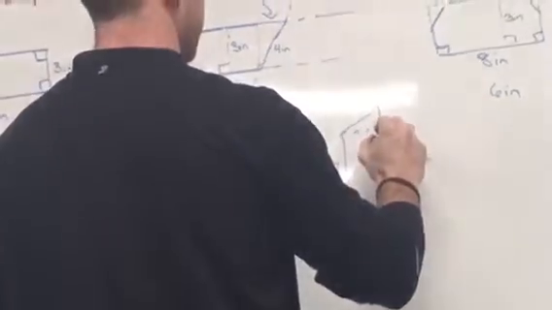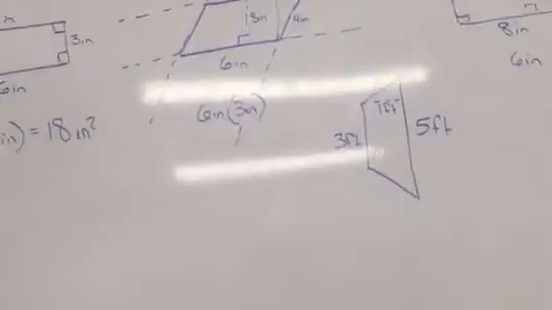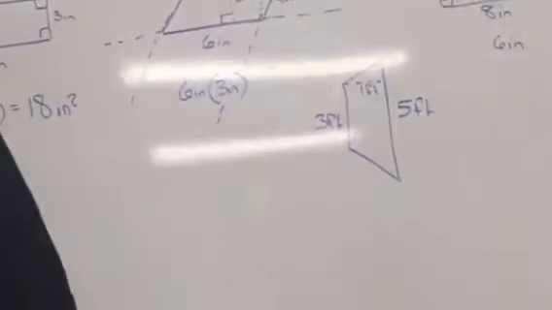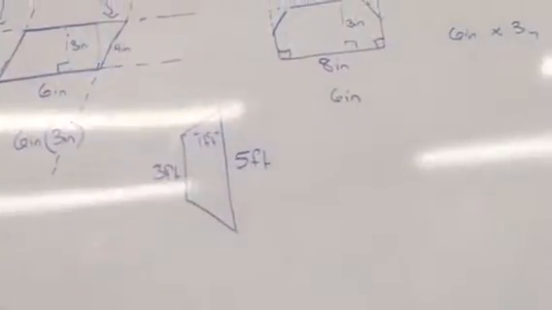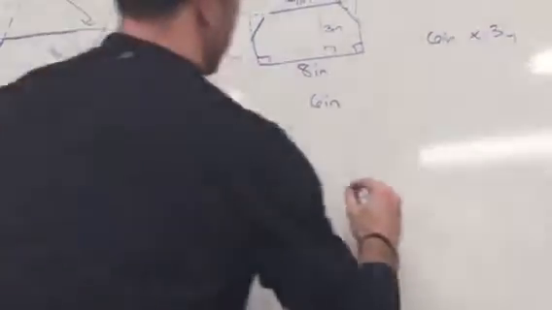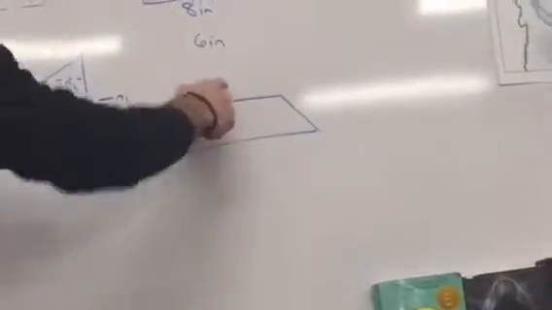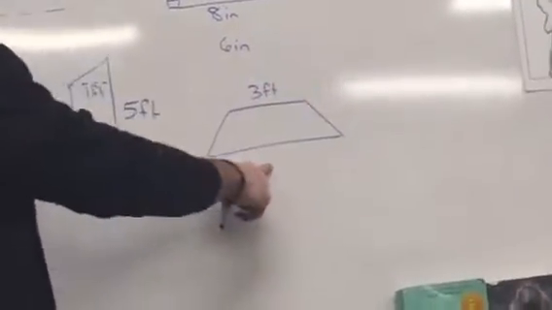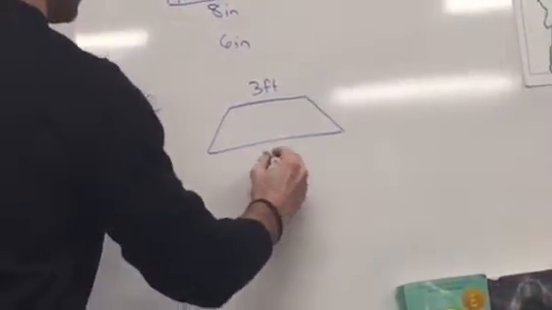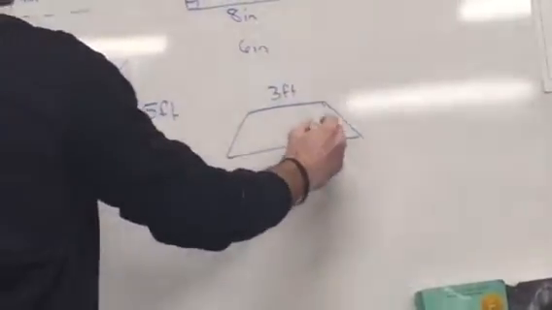And this is 1 foot. Do I have to keep the shape like that? What if I took it like this and I flipped it? What would it now look like? A weird shape. Would it look like that? And what would this be? 3 feet. What would my base be? 5 feet. And then 3. And what's my height? 1 foot.